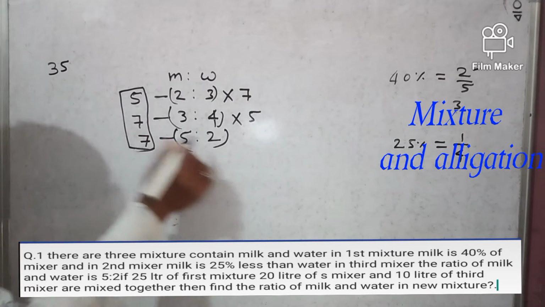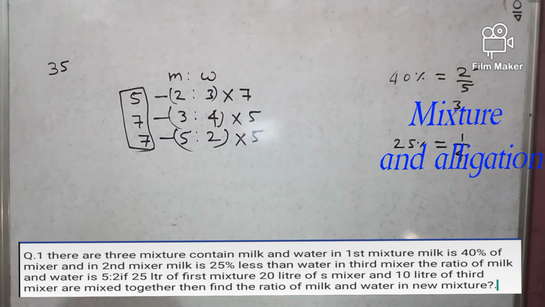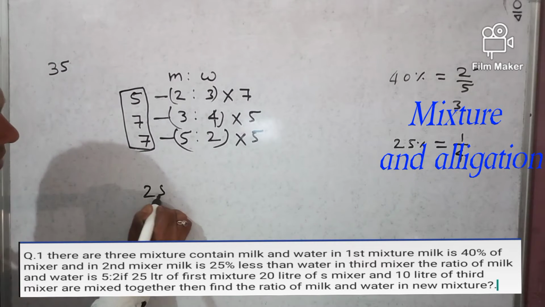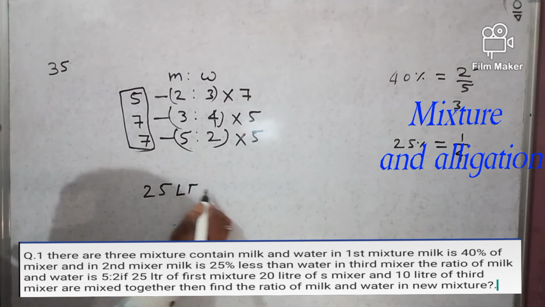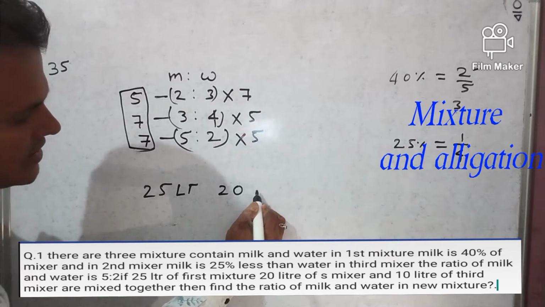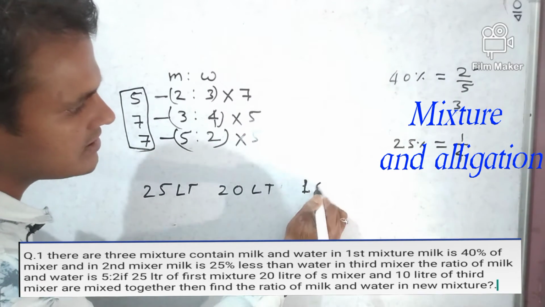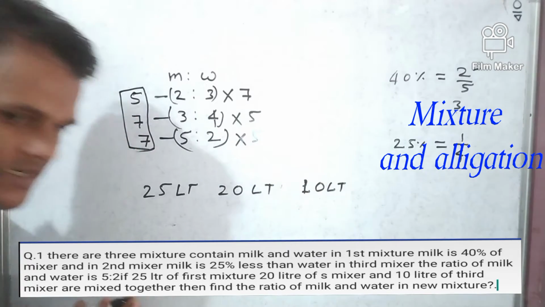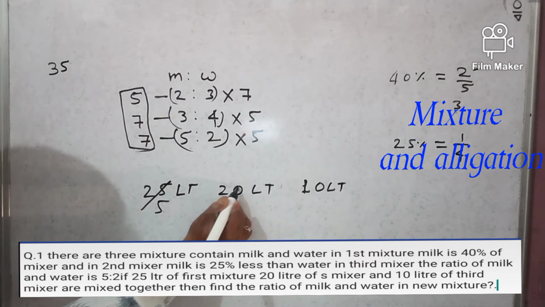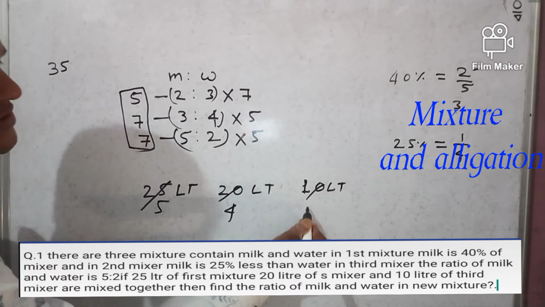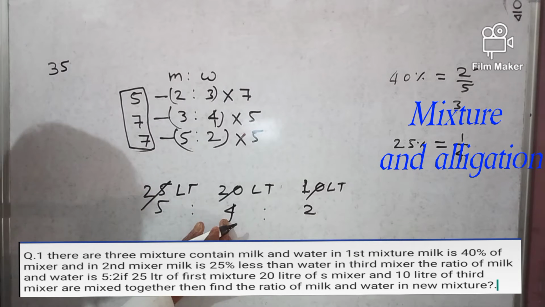And in the question, 25 liters of the first container, 20 liters of the second container and 10 liters of the third container are mixed. So the ratio will be 5 5s are 25, 5 4s are 20, 5 2s are 10, right? So the ratio is 5:4:2.